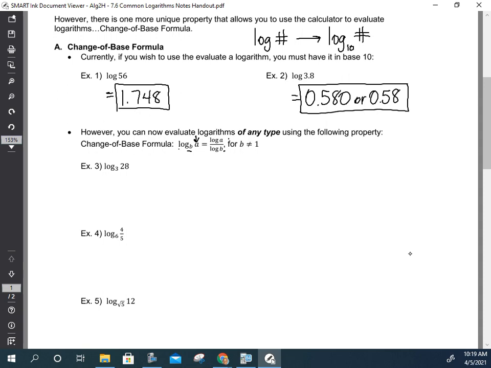So example 3. Log base 3 of 28. So 3 is your base, and 28 is your a value. First we do the rewrite.